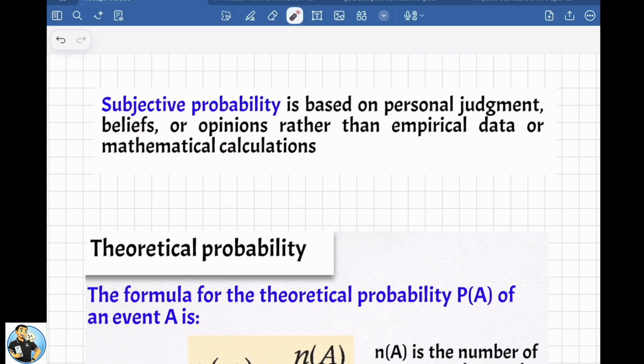Or if you're talking about a soccer game, you can say the probability that this team is going to win is 0.6. So this is based on your opinion. And when you are not using calculations or mathematics, only your opinions, this is subjective probability. This is the first one.